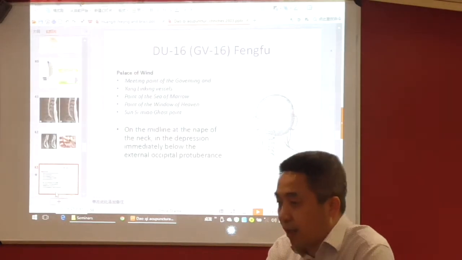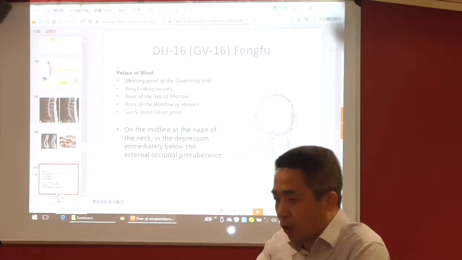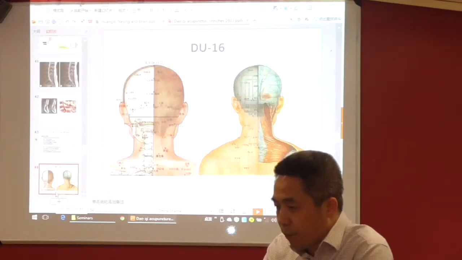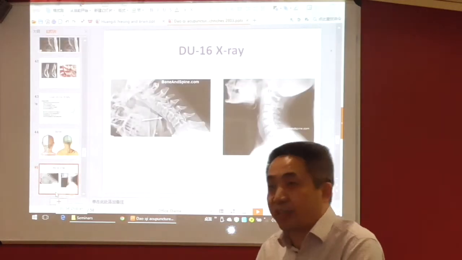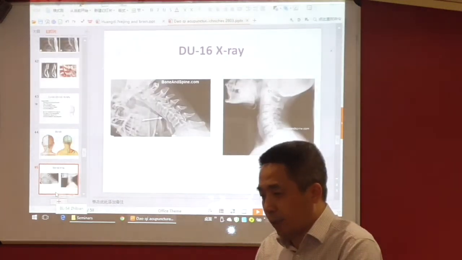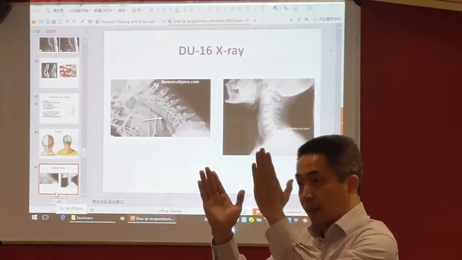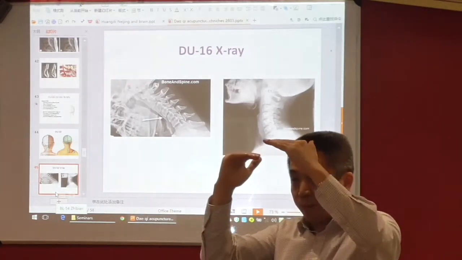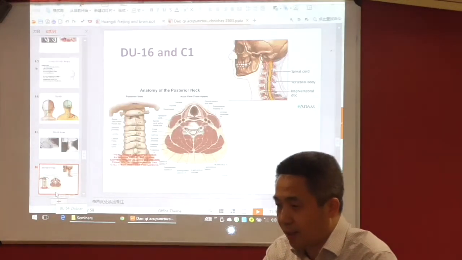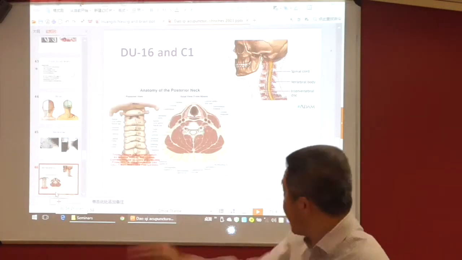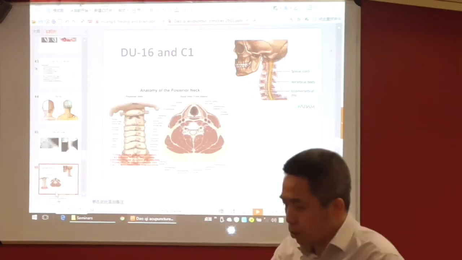This is all on the level, so now GB16. The original location, the picture. It is the CT scan, showing the location and the depth. X-ray, GB16 and C1, what's the level, C1, etc.